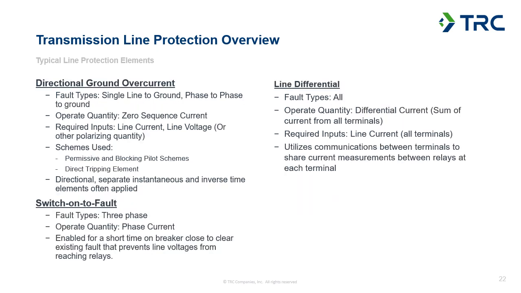Some of the other protection we might consider applying is directional ground overcurrent protection. This again operates for ground faults, but this time its operate quantity for the element is going to be zero sequence current. And typically we'd use both current and voltage, because we need not only the zero sequence current for the fault, but also something to compare that to get the directional aspect of it.